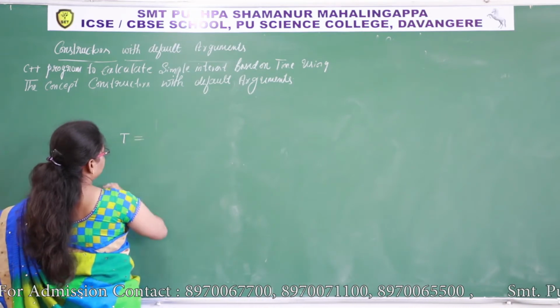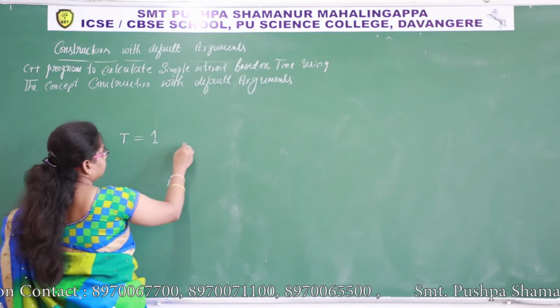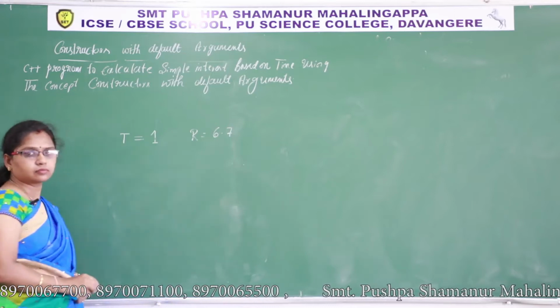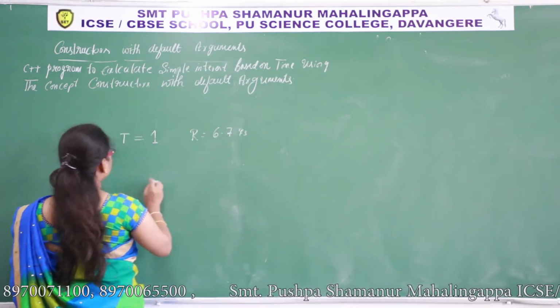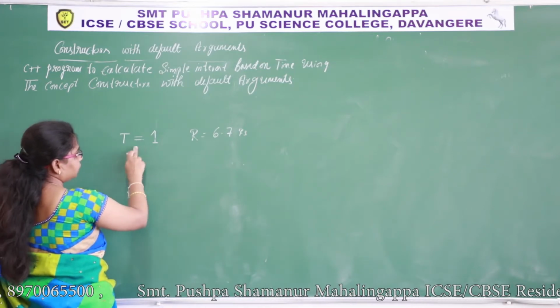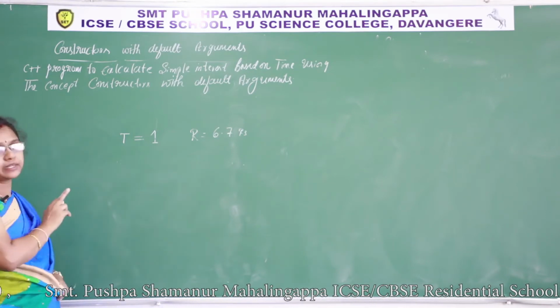If time is equal to 1, 1 year, then the rate of interest is 6.7 rupees. Otherwise, if time is 1, this is the default value, so we need not ask for the rate.